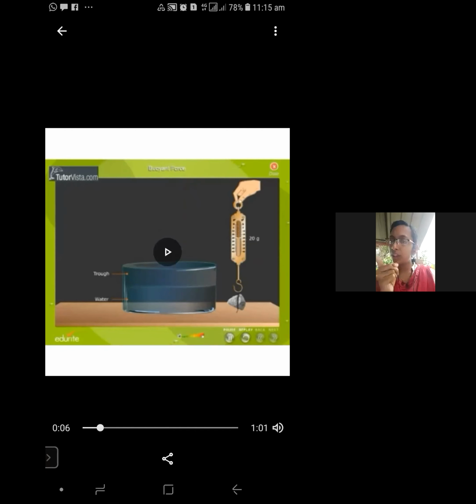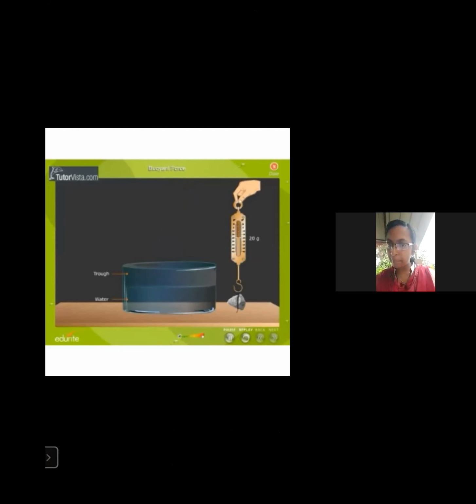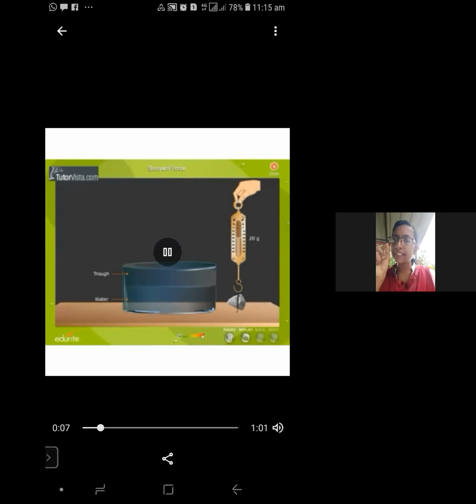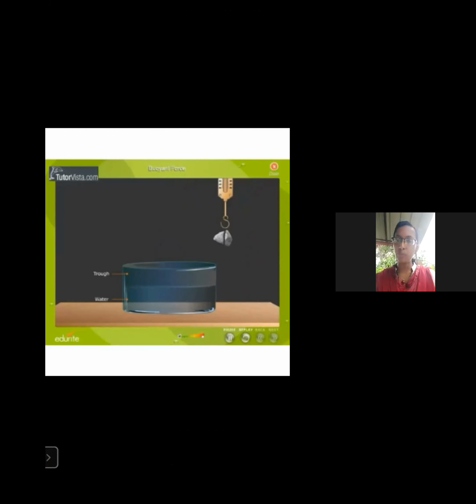Now we are going to pick up the spring balance and dip it into the water and observe the weight that is presented now. Observe what you have seen. Yes, it is 15 gram. So I understand that there is a small difference in the weight, isn't it? That difference is because of the buoyant force.